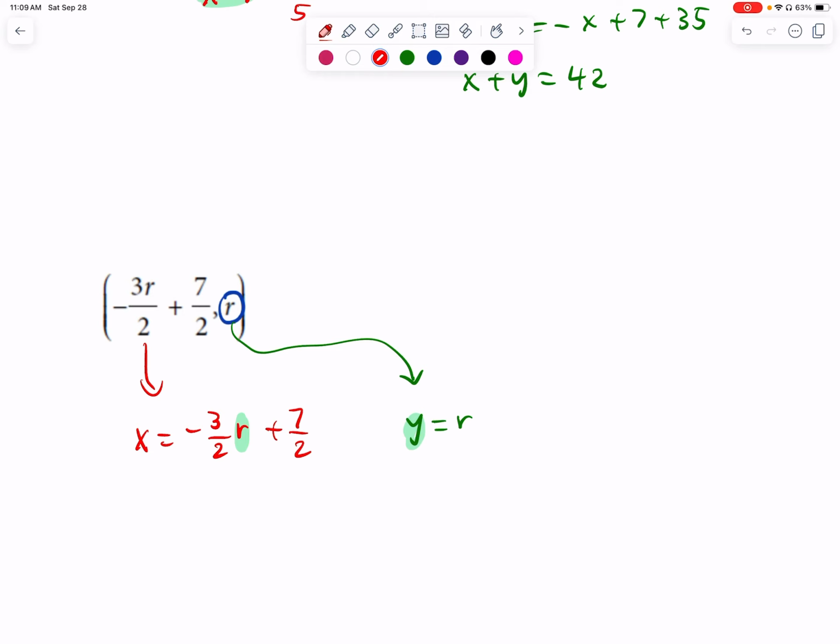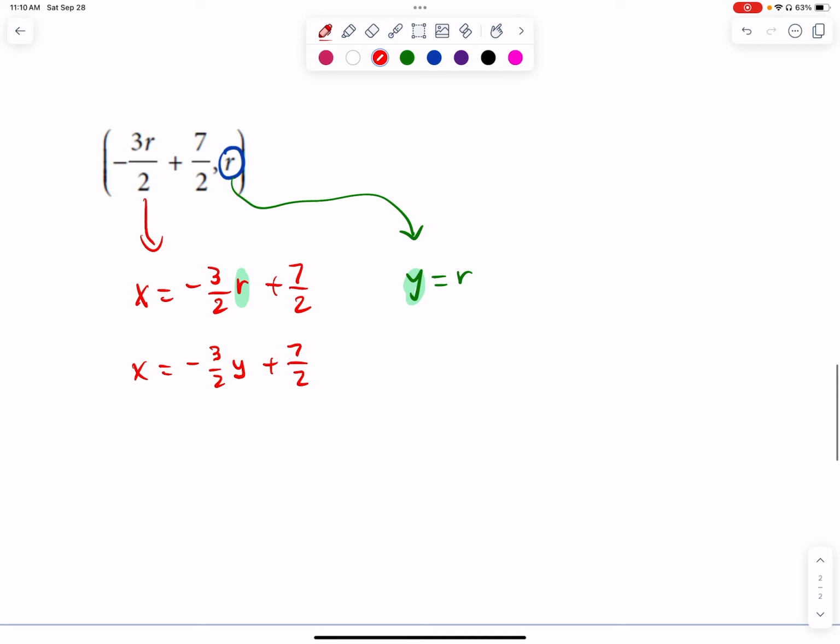And so my new equation becomes x is equal to negative 3 over 2 times y plus 7 over 2. And now, in order to get it into standard form, so it looks all nice and pretty, we'd multiply everything by 2, and I'd get 2x is equal to negative 3y plus 7, and then add your 3y over to the other side. 2x plus 3y is equal to 7, and that looks super familiar.